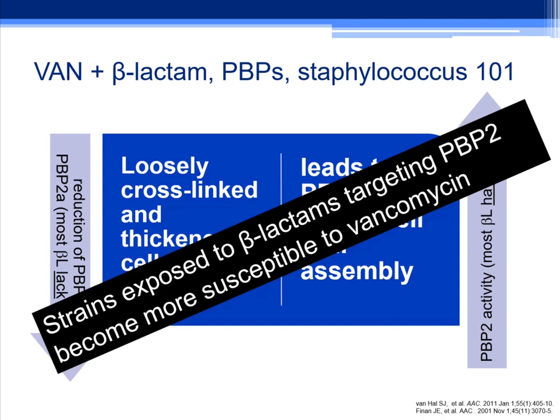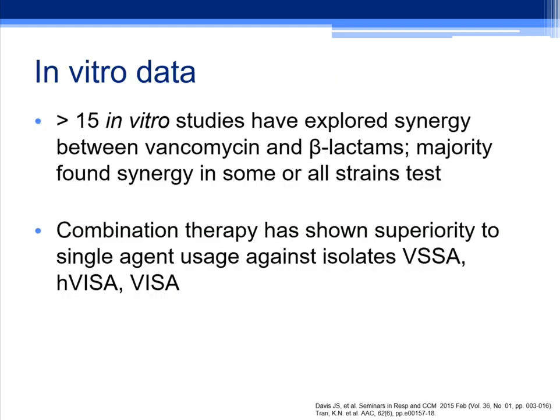So from an overall standpoint, strains exposed to beta-lactams targeting PBP2 become more susceptible to vancomycin, because beta-lactams are able to target PBP2, and we know that it's able to drive down the actual cell wall thickness, as we described earlier. This has been shown through, I don't have an exact number, probably more than 20 at least at this point in time, in vitro studies exploring this combination.